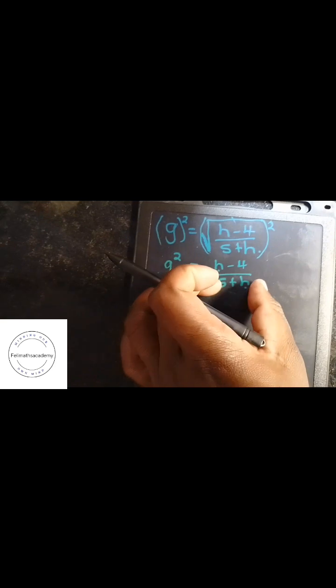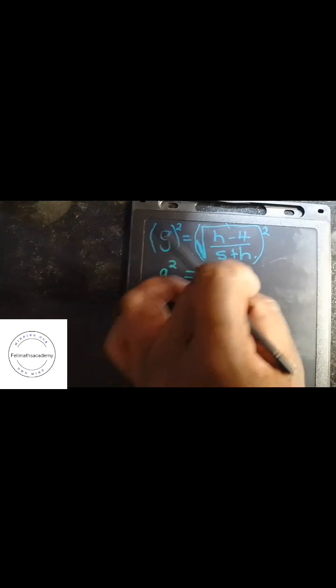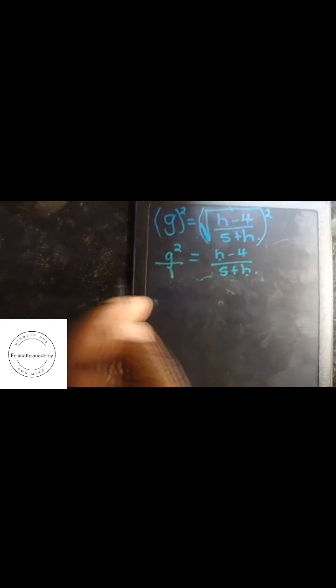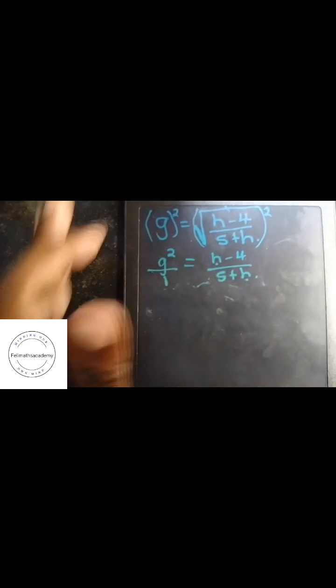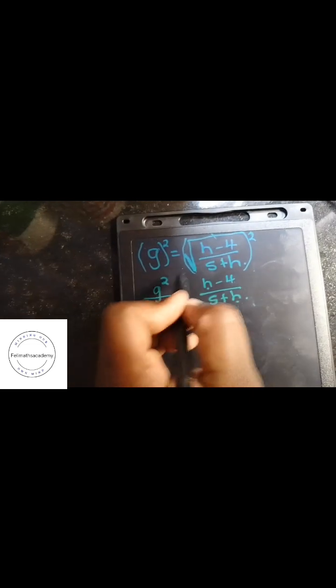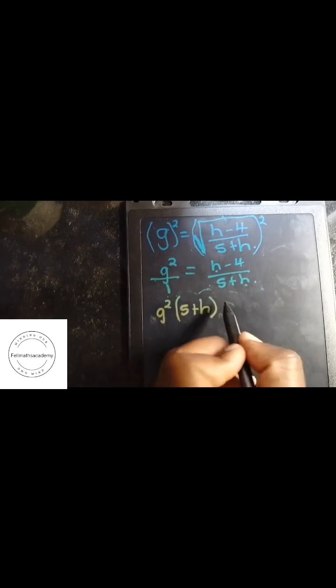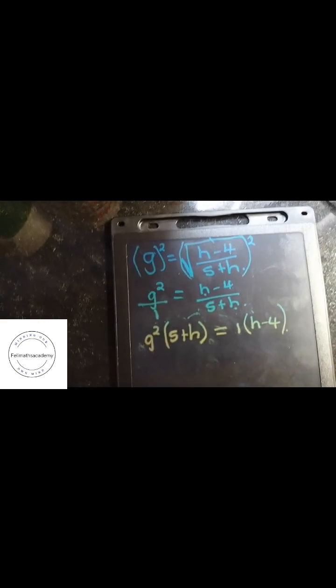So we need to separate this h from this denominator and from the numerator. So how can we separate? We need to cross multiply, then collect terms in h on one side and factor out that h. So we have g squared multiplying the denominator 5 plus h is equal to 1 multiplying h minus 4.